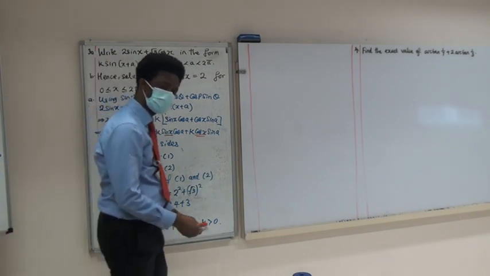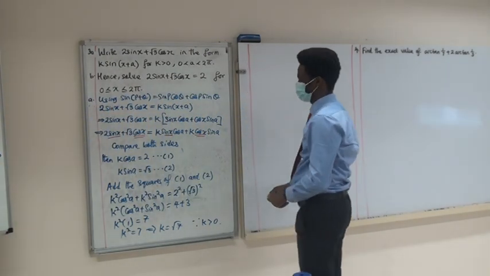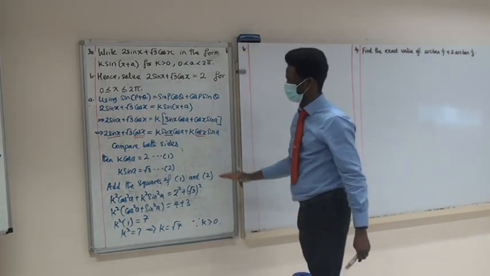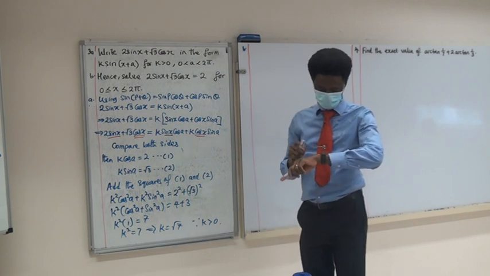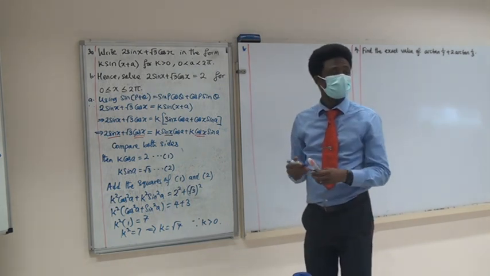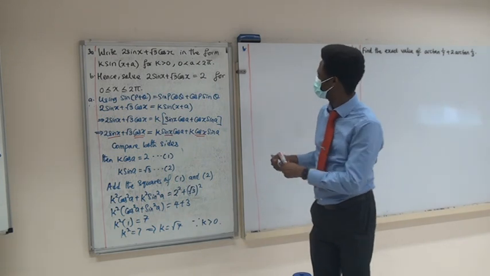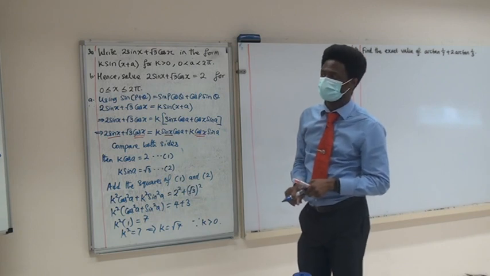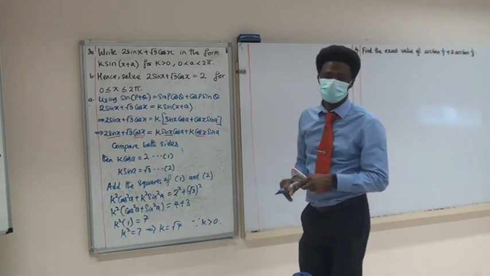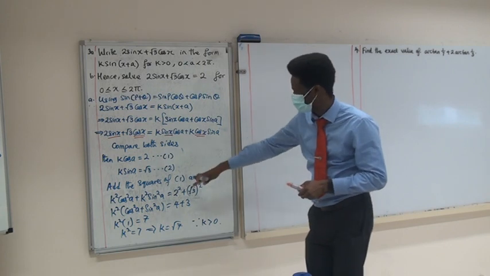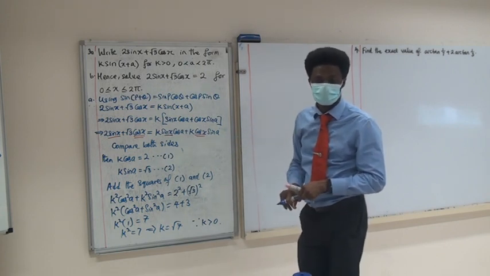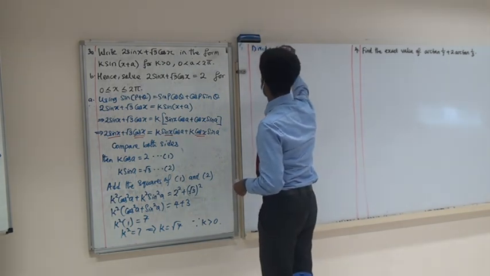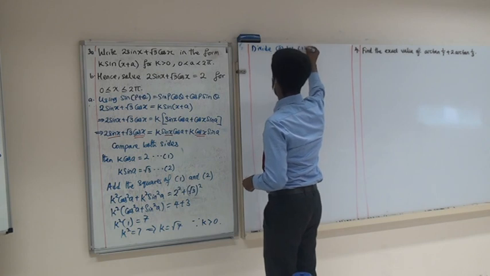Squaring and adding is the solution to k, but we still need to find A. To find A, you divide the two equations to get tan A. Divide equation 2 by 1.